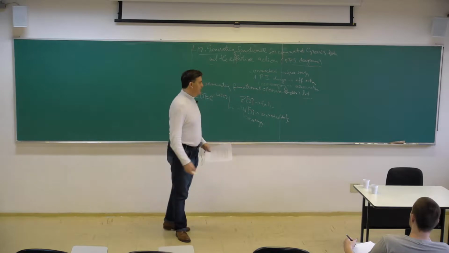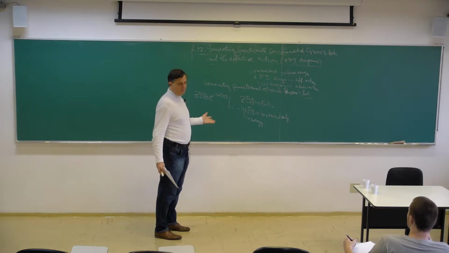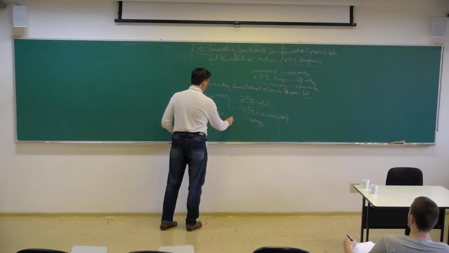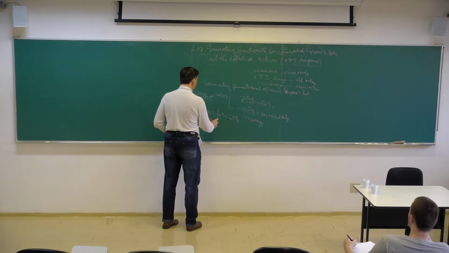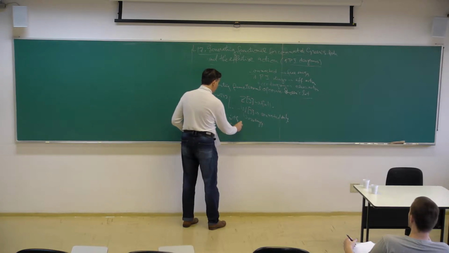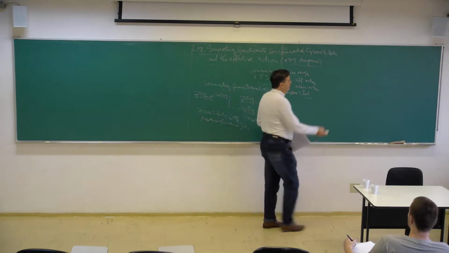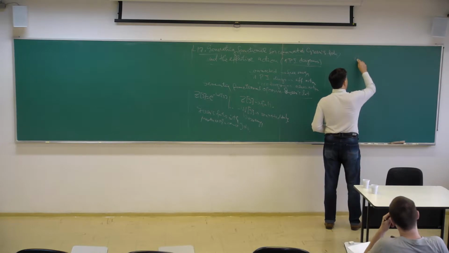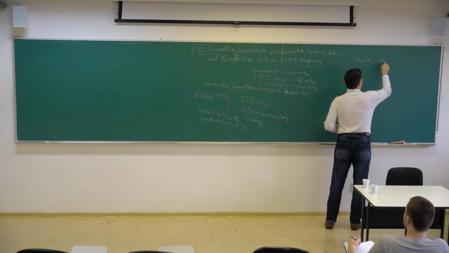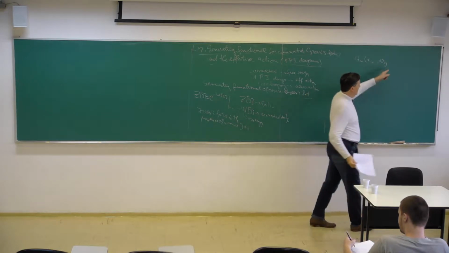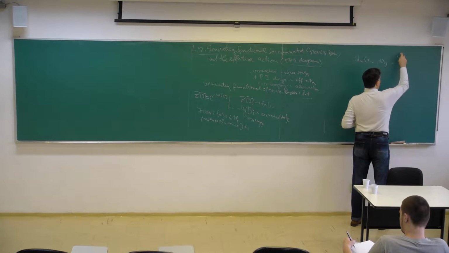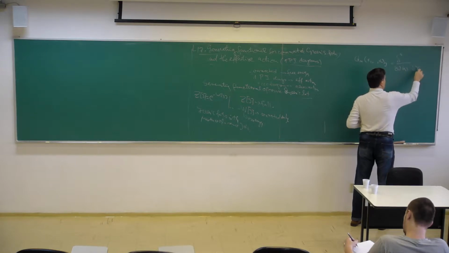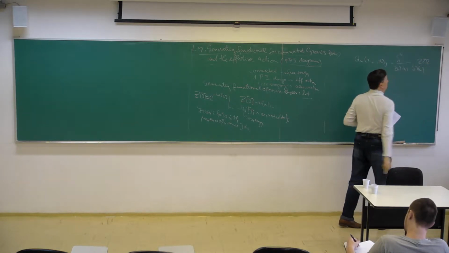But in principle, we can also calculate Green's functions in the presence of a source J. They're just, again, derivatives of the generating functional, but without putting J equal to 0.